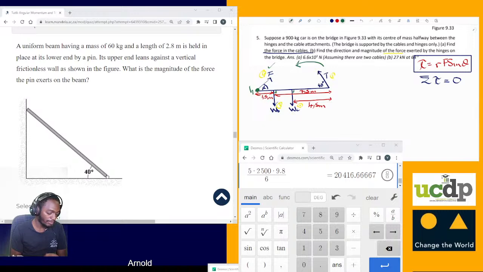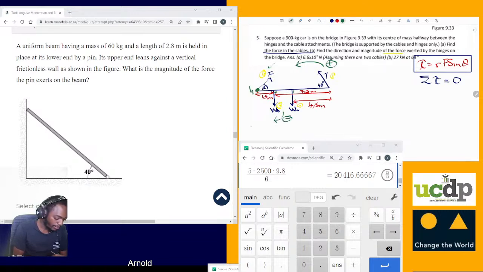And what does that mean? It means it's going to be positive, right? So this is going to be positive, and these two are going to be clockwise. So this means they are negative.